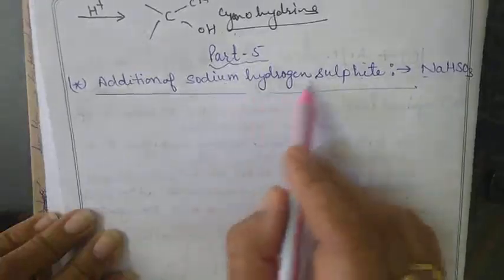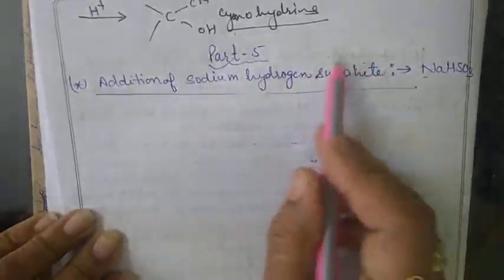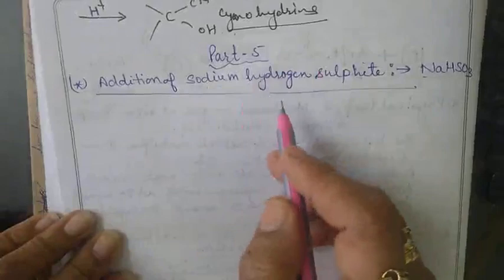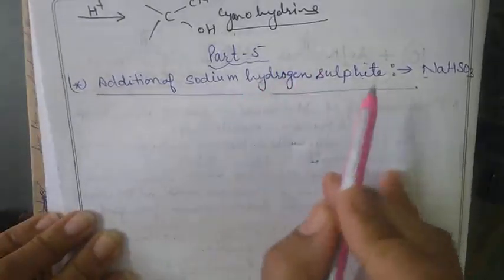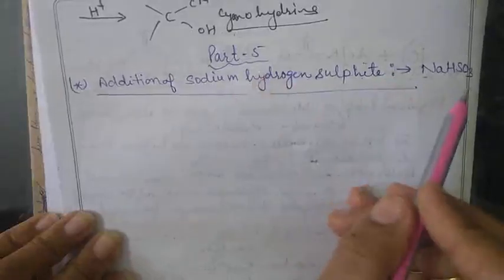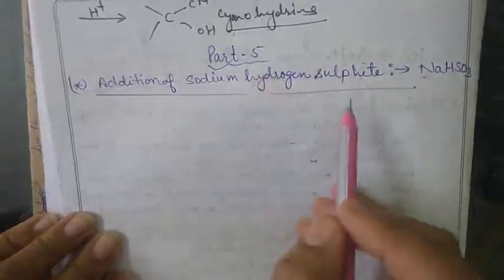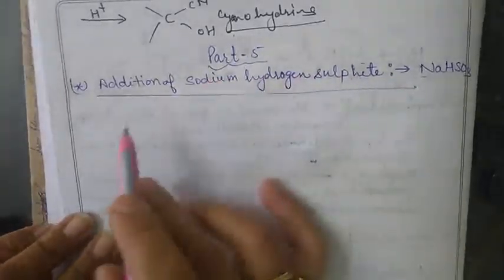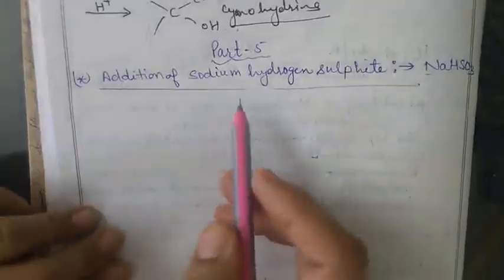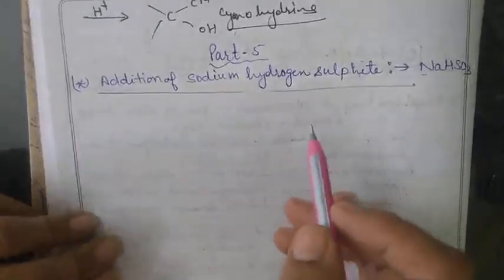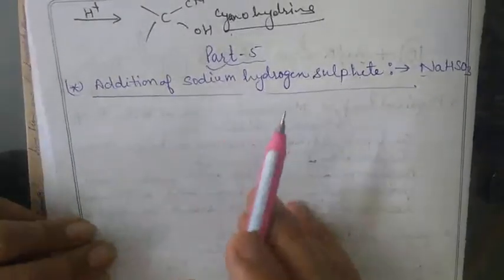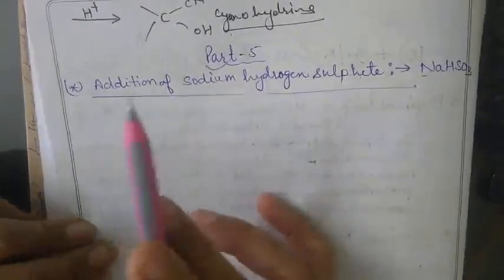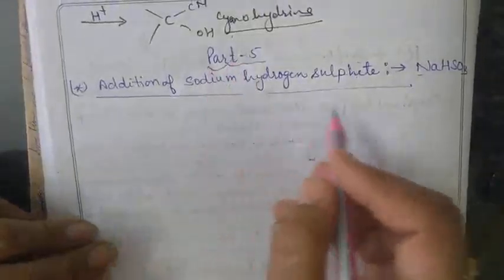The position of the equilibrium lies largely to the right hand side for most aldehydes and to the left hand side for most ketones. Why? Because of a steric reason.